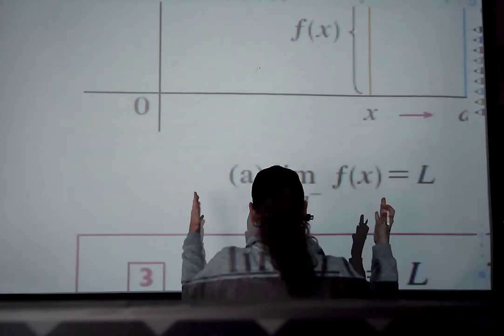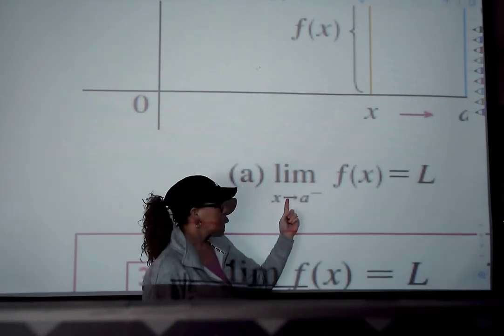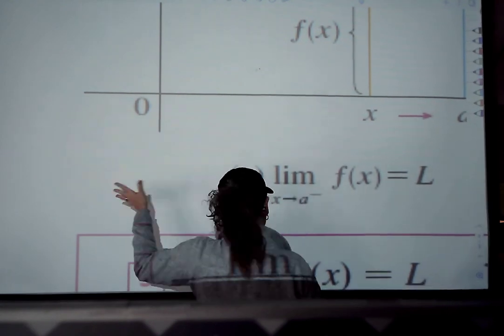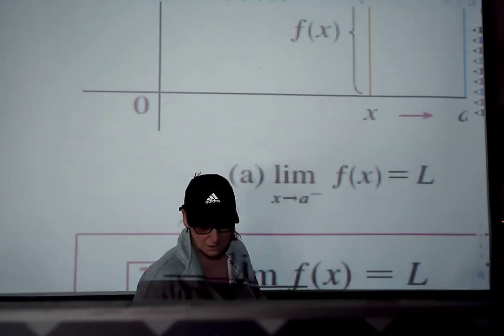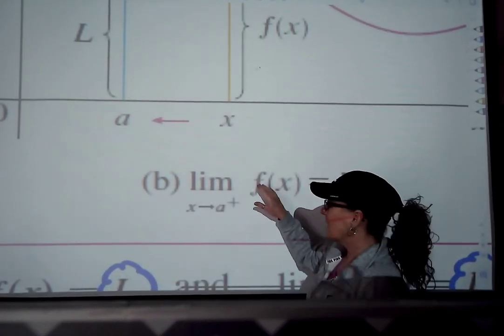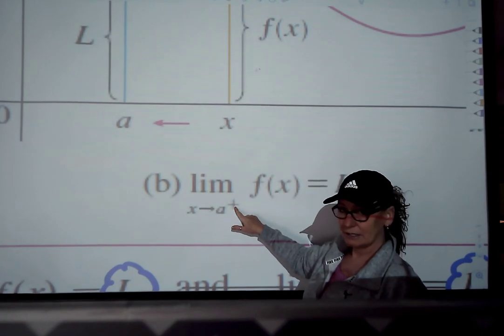So if you're looking at a graph, where are negative x's? They're that way. So as x approaches a from the left. And then we're also going to look at the limit of f as x approaches a from the right.